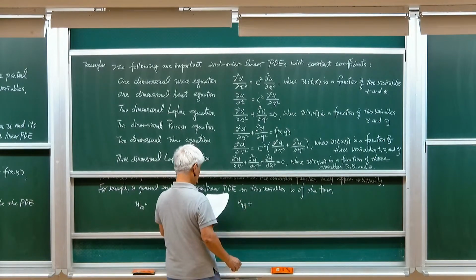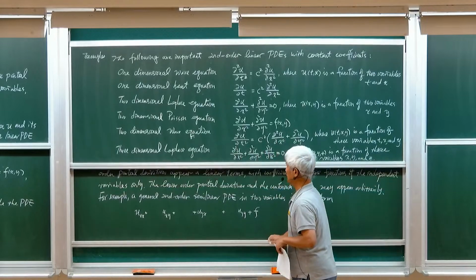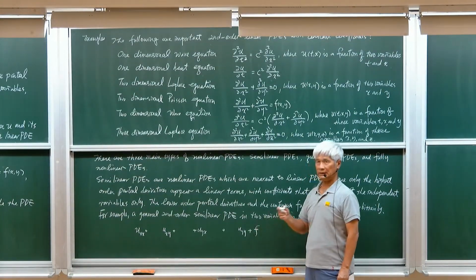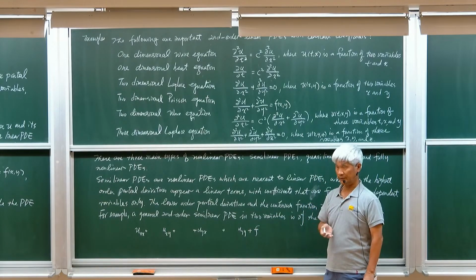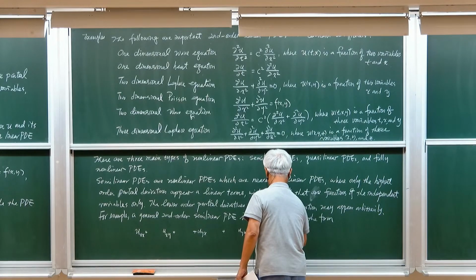And the lower order partial derivatives, the first partial derivatives, can appear arbitrarily, including the unknown function.